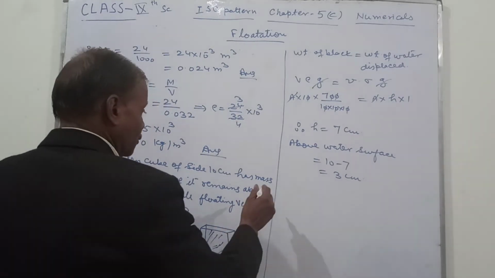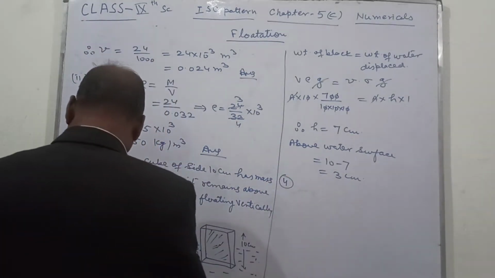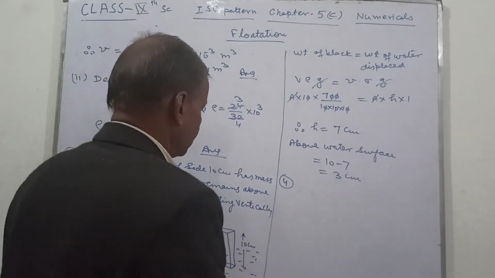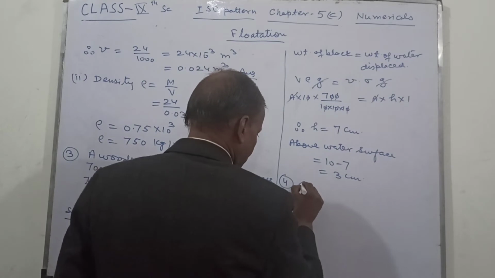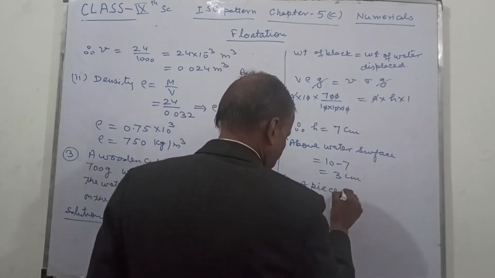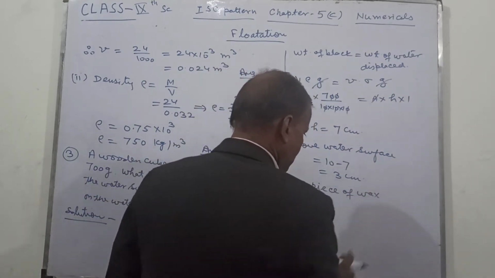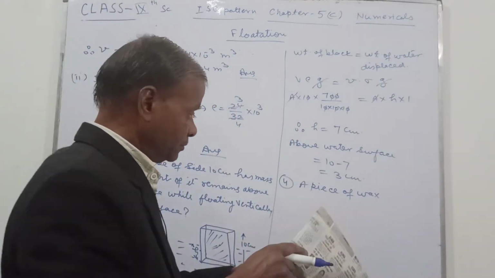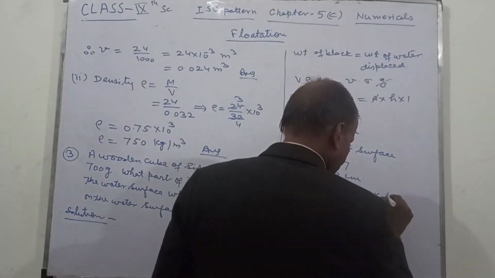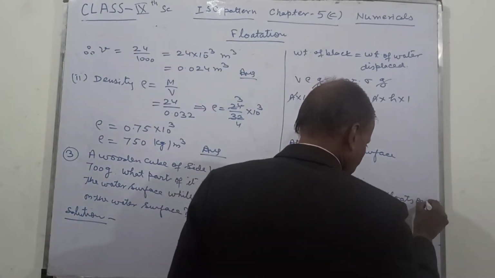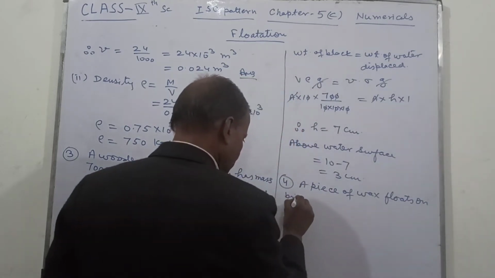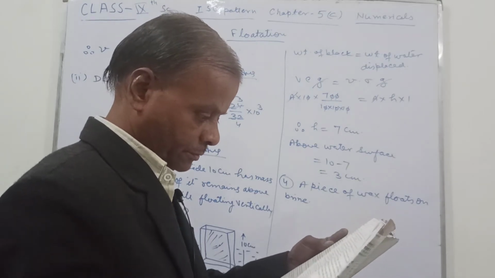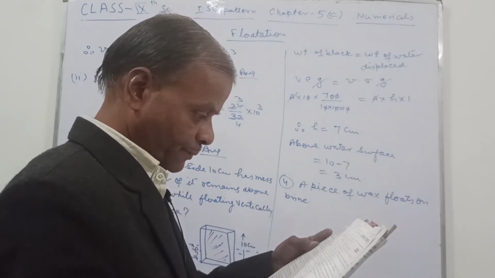Now question number 4. A piece of wax floats on brine.